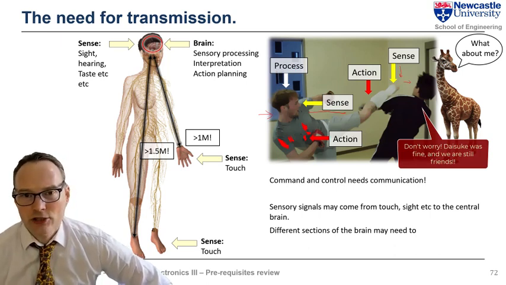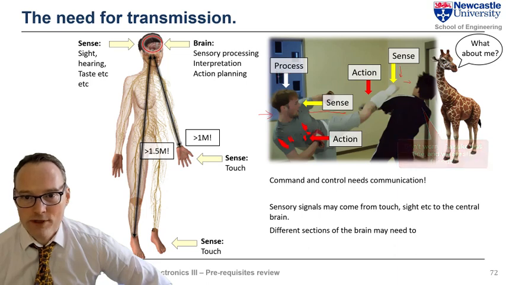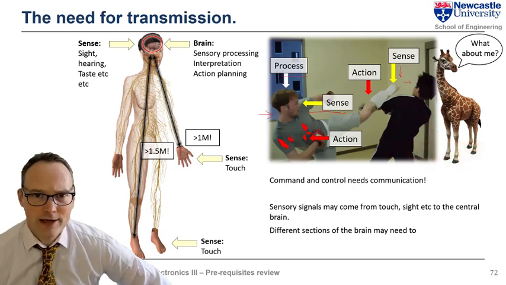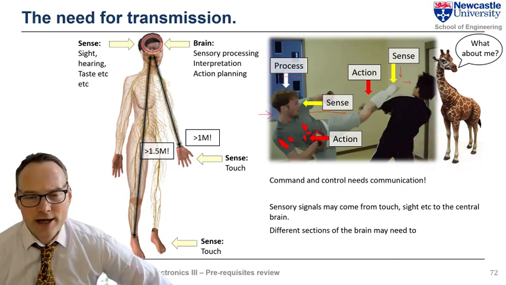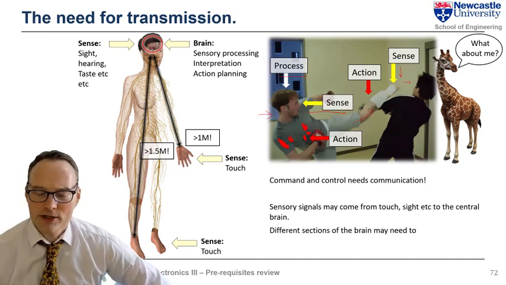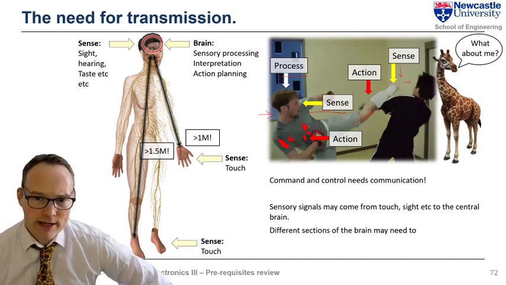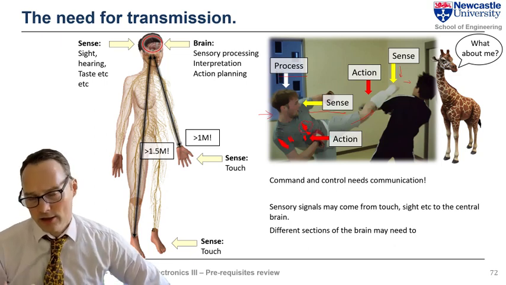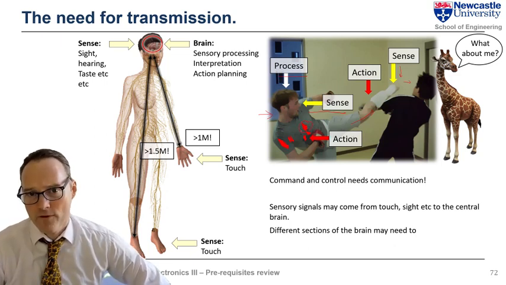Now the action. So this all goes to a processing center, which is my brain, and then there are actions arising from it. Clearly there are physical actions in terms of the movement of a leg in this kickboxing arrangement, but also a whole number of other forms, such as sweat reflexes to counteract overheating.